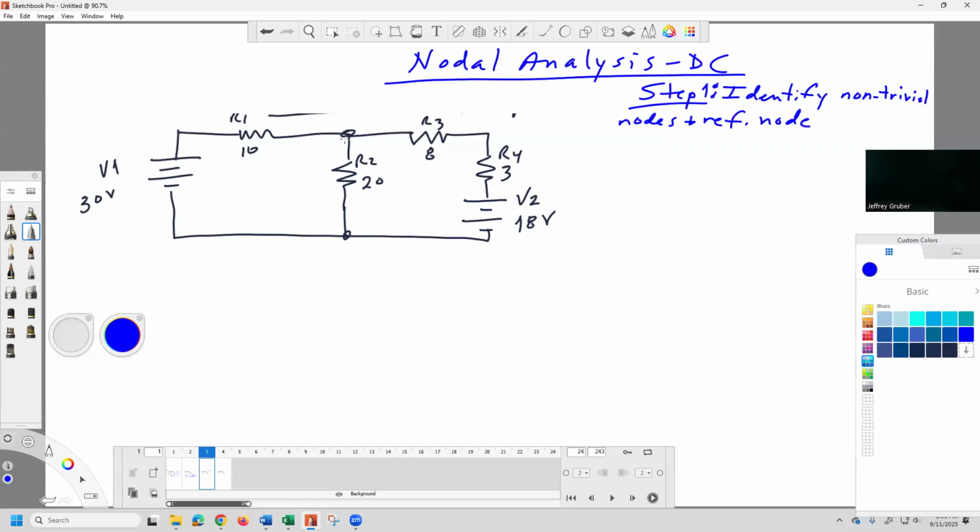Non-trivial nodes means there's more than two connections to it. So this right here is a trivial node. There's two components that are connected together. So here's a node, node 1, and here's the reference node.